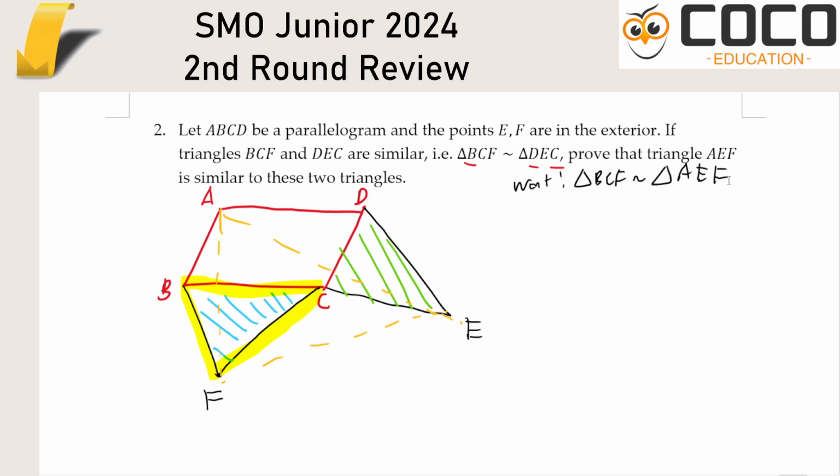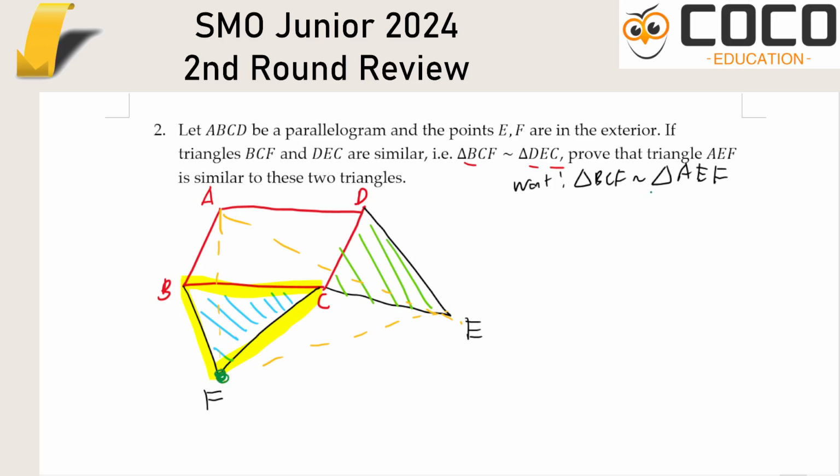But now whenever you see triangles like this, you notice that triangles that are similar, sometimes they are going to have a common point because there are not that many points in the diagram. Now the common point that they have here is F.